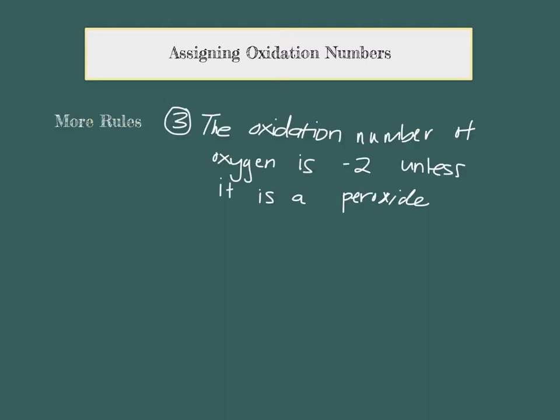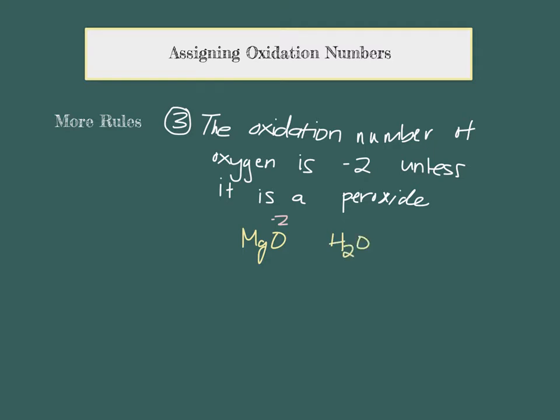Rule number 3. The oxidation number of oxygen is -2 unless it is a peroxide. For example, if we have a compound like magnesium oxide, the oxidation number of the oxygen is -2. Another example is water.